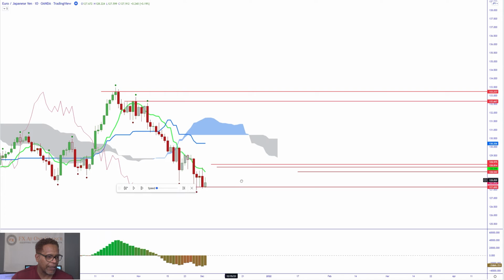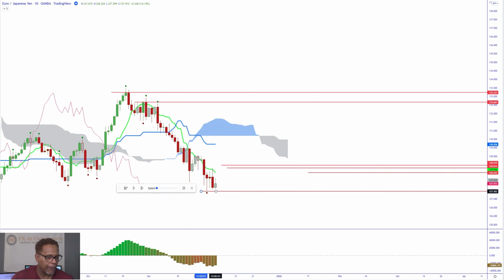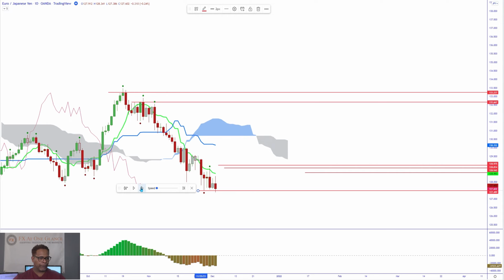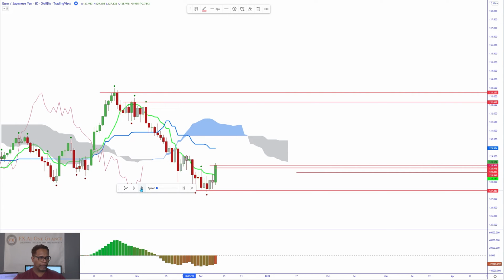So we kind of start thinking this is the bottom right here. And we don't see any divergence yet. So we're like, okay, this distance is too much. Let's see what's happening. All right, so they're trying to get closer together. We're flat here. Not really divergence though, right?